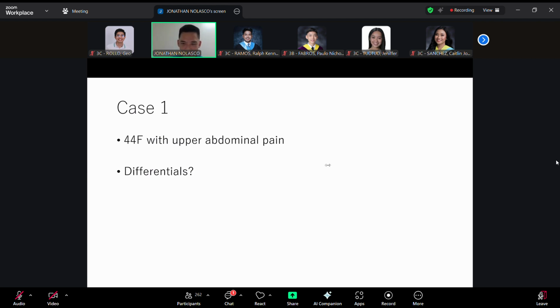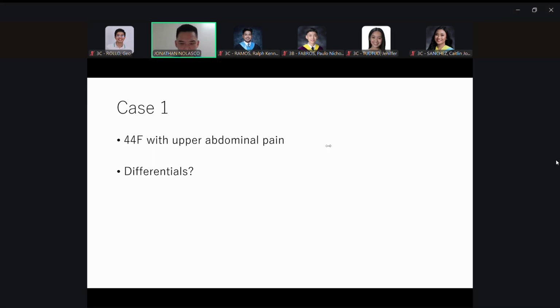So we have three. Peptic ulcer disease, of course. Yes. Very good. Four. Gastritis, yes. Hepatitis, correct. Cholangitis, good. Okay, so we have at least five, six maybe.